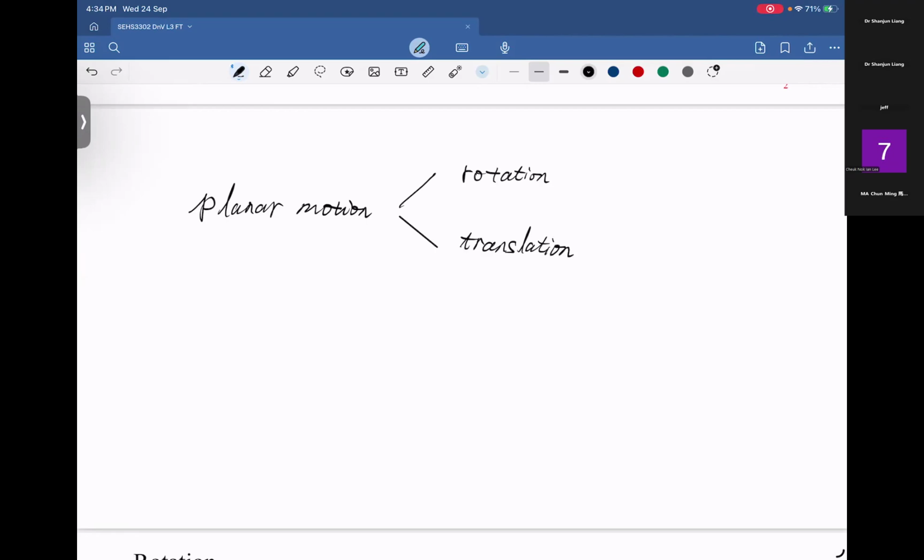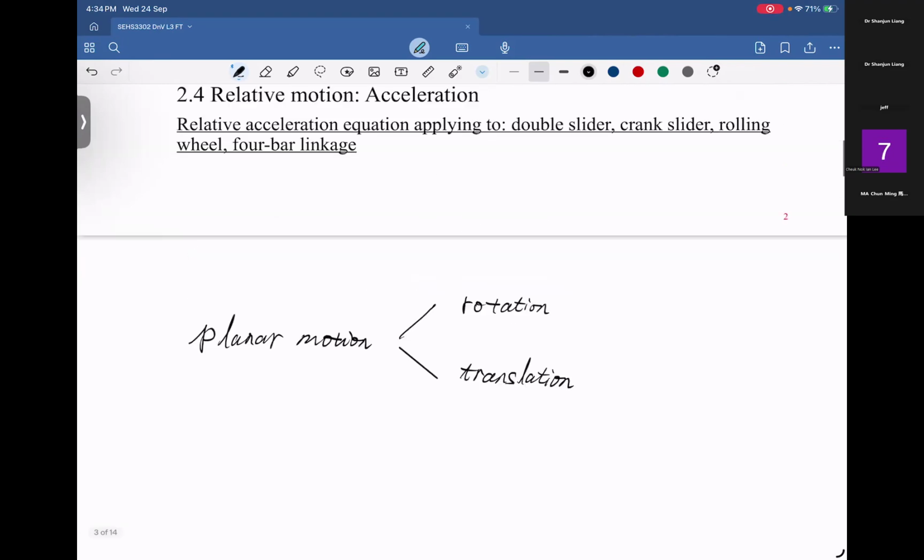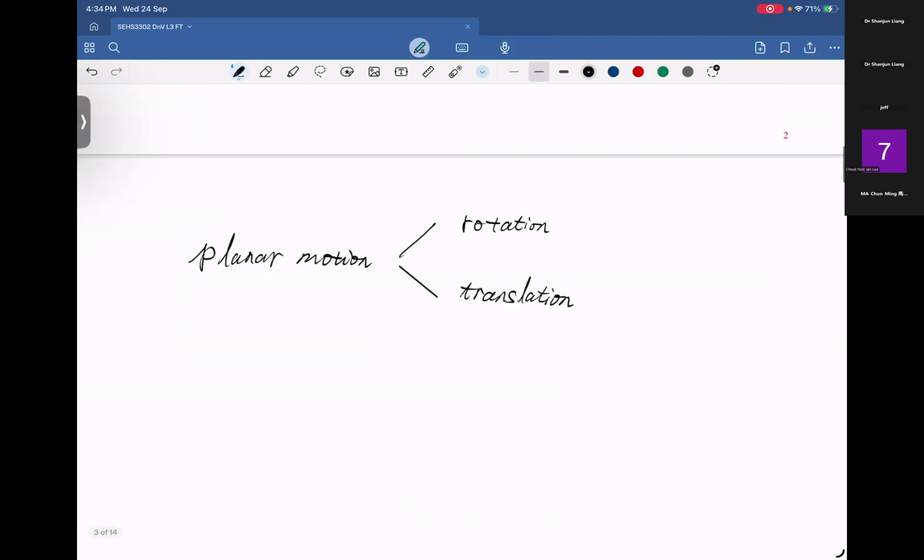Just these two. They can exist independently: only rotation, no translation is okay, what we have learned, and only translation, no rotation, is also okay.